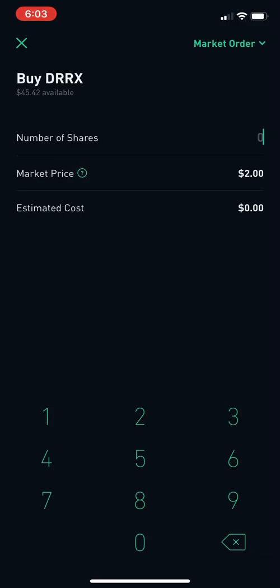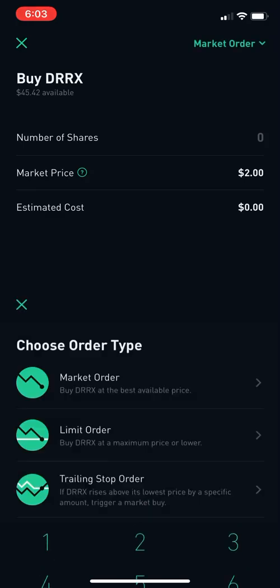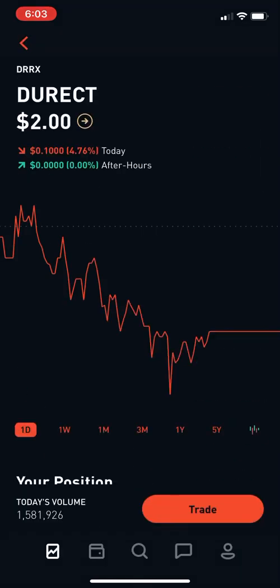And up at the top right corner, you could click market order, and it shows you different options. I'm just showing this so you know there are different ways you can buy and sell stock. But for now, just know when you normally go into it and you're going to buy, you're just doing a market order. That's all you're doing. But there are different ways to buy and sell stock that I will go over later. And that's how you buy.